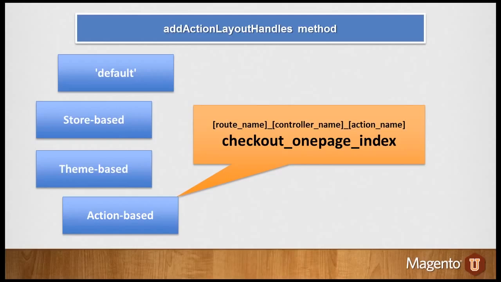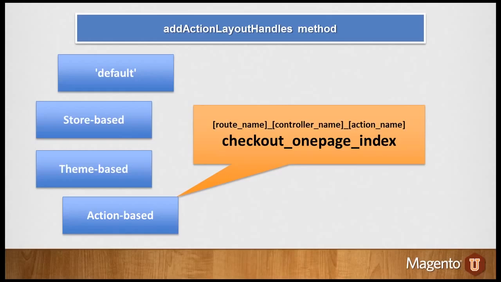Yes, the system actually adds four handles by default, regardless of whether they are in the layout or not. We'll explain these four handles in detail a bit later. Here, we aim to highlight that the system will only use the matched handles. All of the handles beyond the list will be ignored. And one handle we need now is checkout_onepage_index.